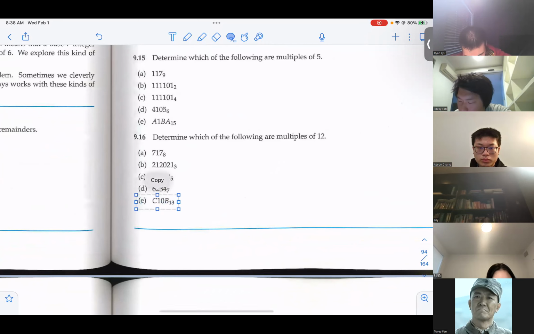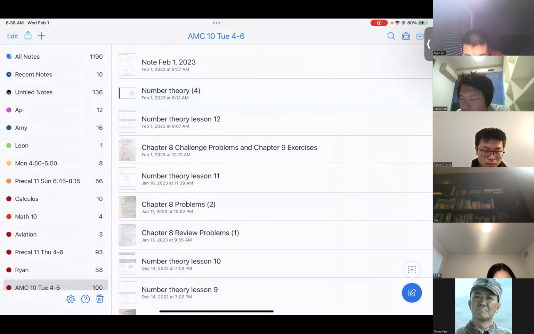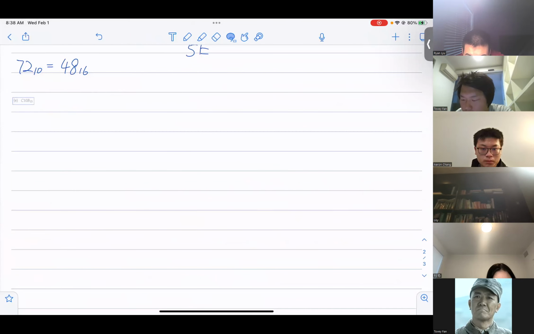Okay. To determine which of the following are multiples of 12. A, B, C, D, I got them right. Just the last one. Okay.